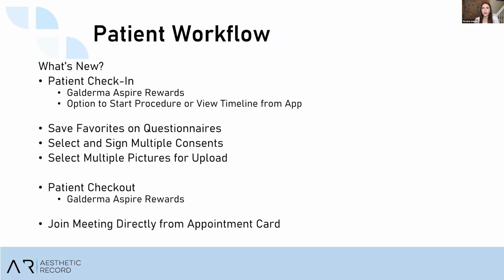I'll also take you through saving your questionnaires as favorites. And then you can also sign multiple consents. You'll have the ability to just click through and sign multiple consents, and then we'll go through our streamlined process of taking photos. We'll show you some Aspire rewards, and then I'll also show you how to join a meeting directly.